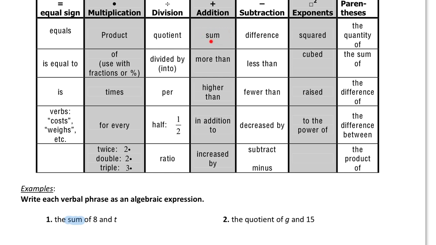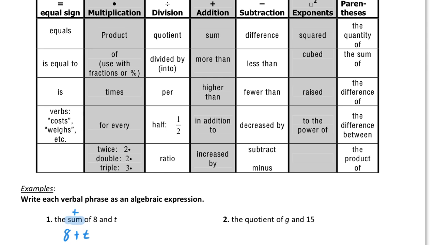I can find that word right here, sum, and I notice that it's in the addition column. So I'm going to write addition right above the word sum. Now, sum of 8 and t, that means I'm adding 8 plus t. Also notice that the t is different from what I usually do so that it doesn't get confused with the plus sign. All right, let's move to the next one.